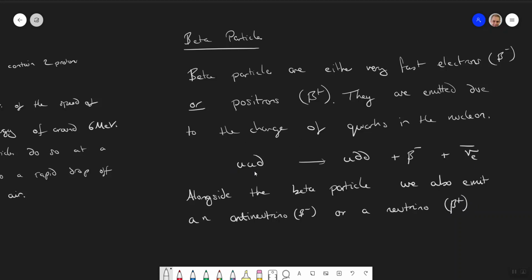So this is an example of beta minus decay. This essentially is a proton, so that is a 1,1 p, and that goes to a... Nope, it's a neutron to a proton.